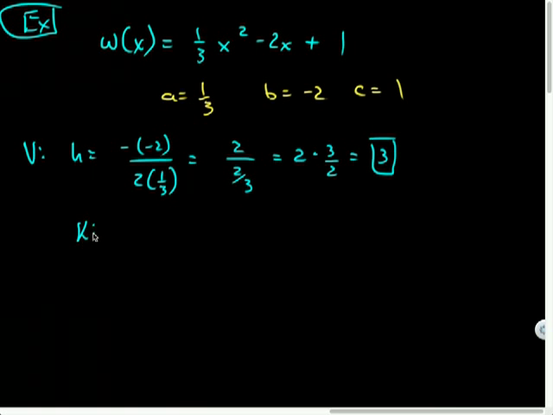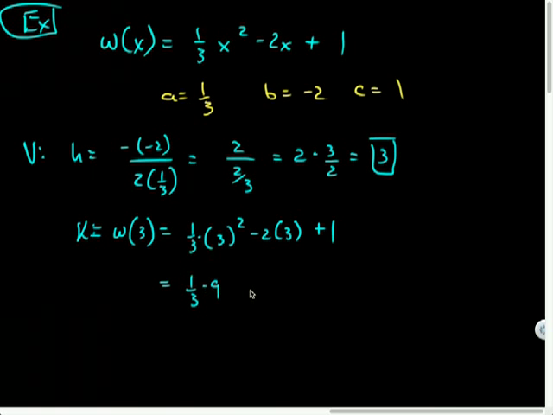The y-coordinate, how do I find the y-coordinate? I plug h into the function. So what is w of 3? W of 3 would be 1/3 times 3 squared minus 2 times 3 plus 1. And 3 squared, I have to square before I multiply, right? Using PEMDAS.